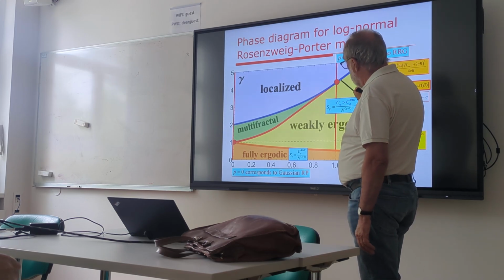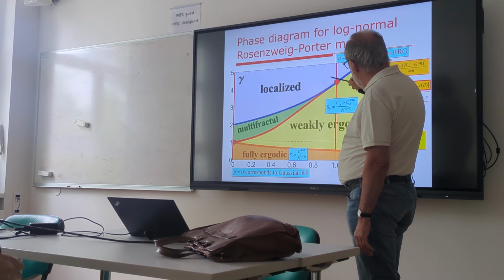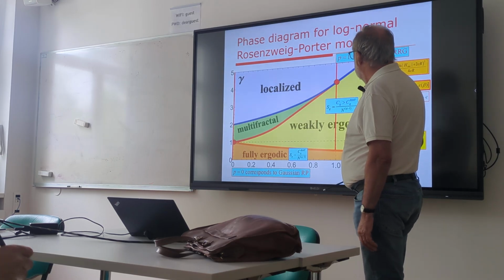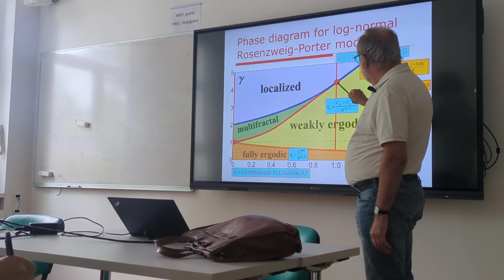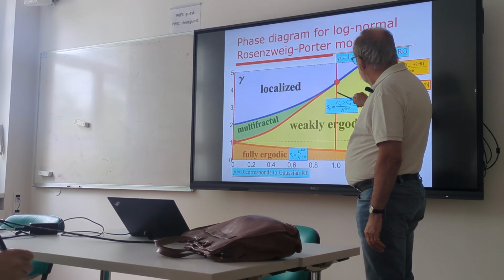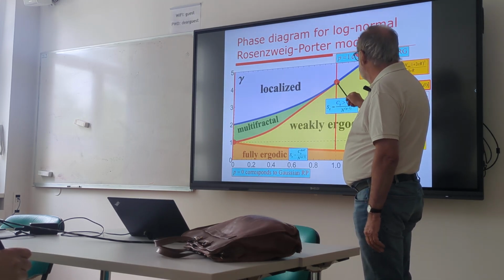So we have a critical point where three phases meet together. One of them is multifractal, the other is ergodic, and the third is localized. So at this point they meet.